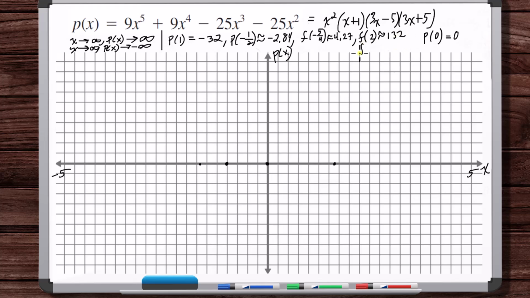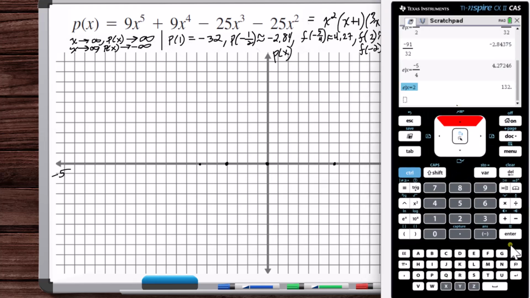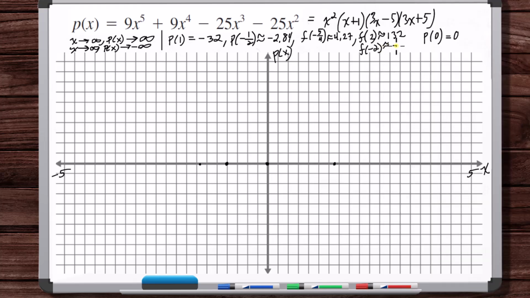And then let's do f of minus 2, which is minus 44. Okay, so let's make this axis go to minus 40.